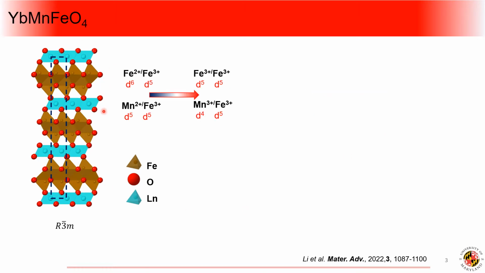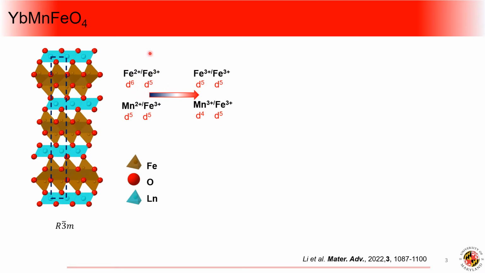The exact material I'm going to focus on today is the manganese substituted variant. So we actually replace the iron 2+ with manganese 2+. The motivation is simple. We focus on the electron configurations.